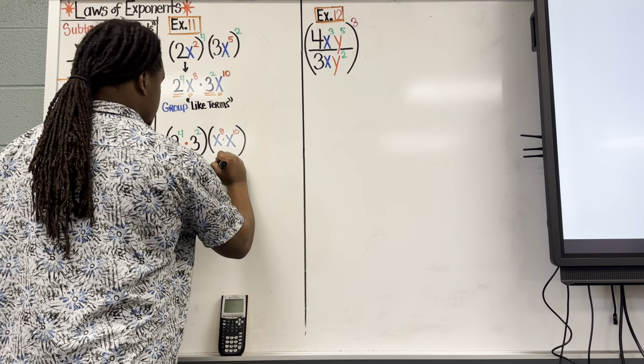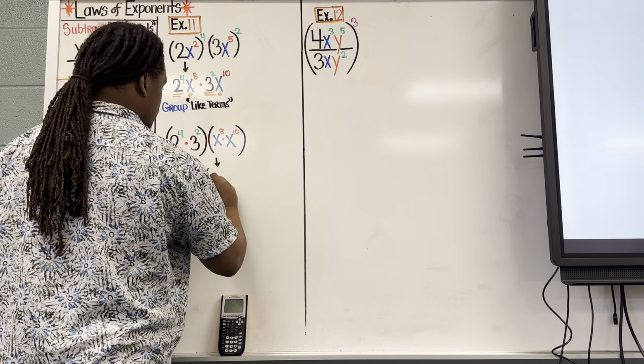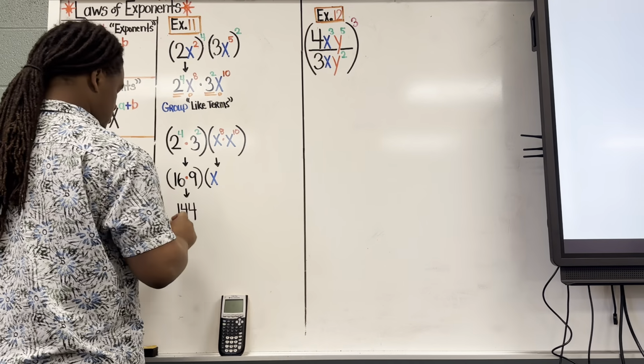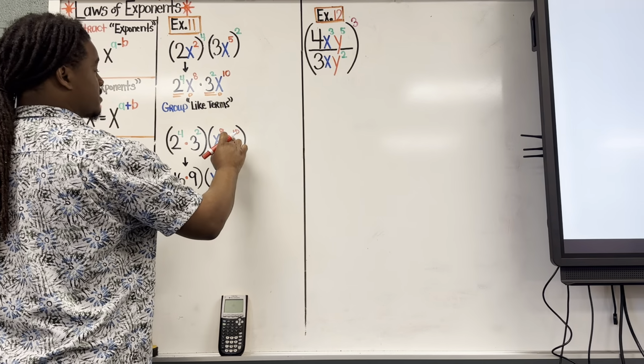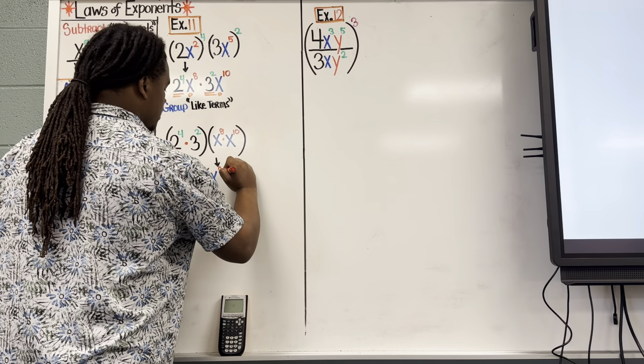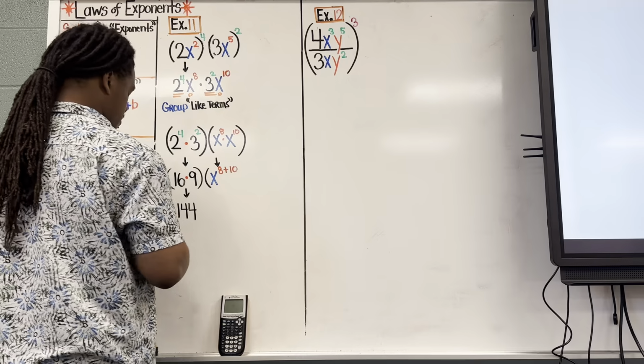Now, let's do this next parentheses. We have x to the 8th power times x to the 10th power, which turns into x to the 8th plus 10th power.